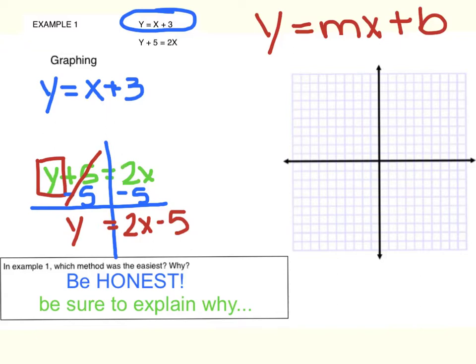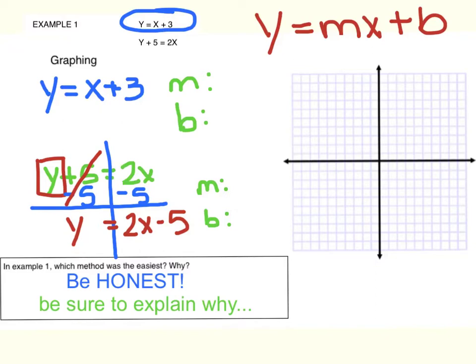So there we go. We have both of our equations, and both of them are in slope-intercept form. So now we need to graph them on this graph here that we have to the right. But in order to do that, we have to know two things. What is the slope, and what is the y-intercept for both of our equations? So let's look at the first equation, the one on top here. What is our slope?